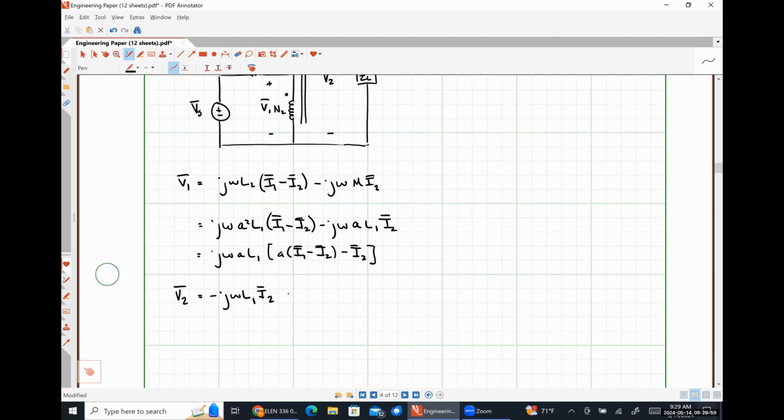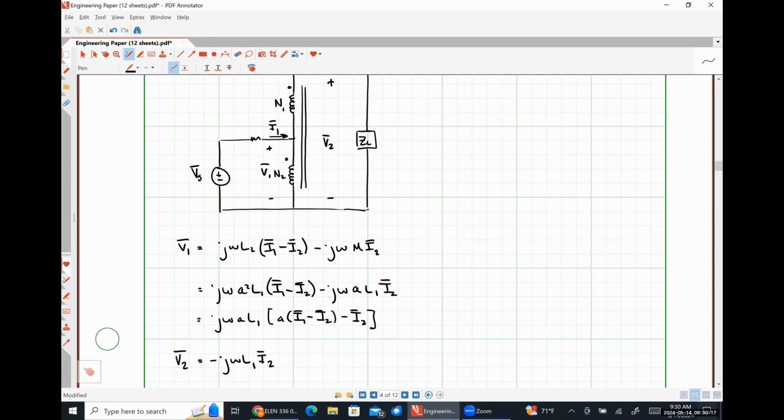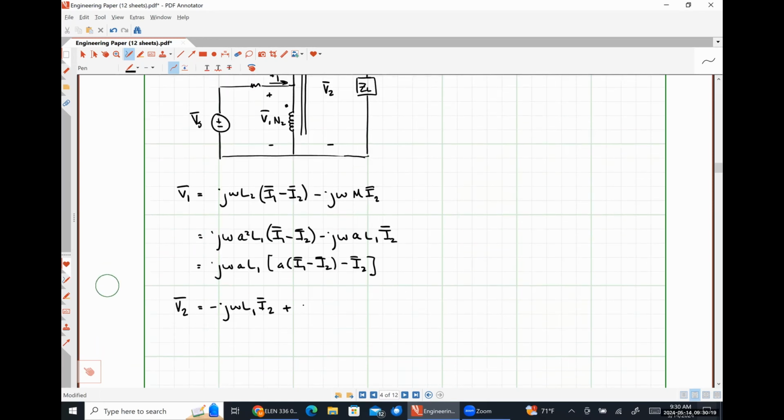We have our mutual term, right? So there is a current of I1 minus I2 flowing into the dot for that coil with N2 turns. So that's going to look like plus J omega M times I1 minus I2.